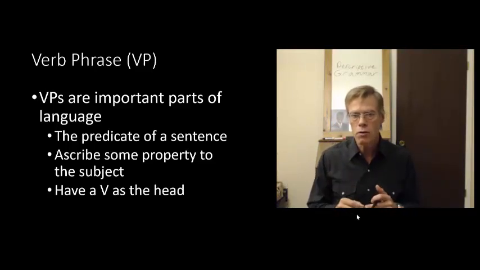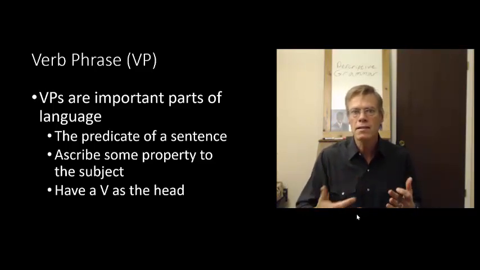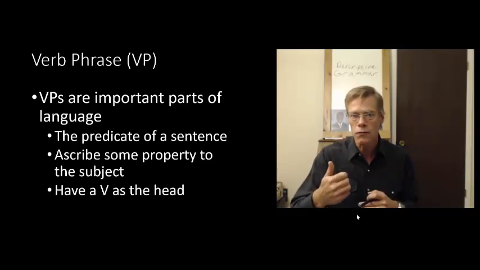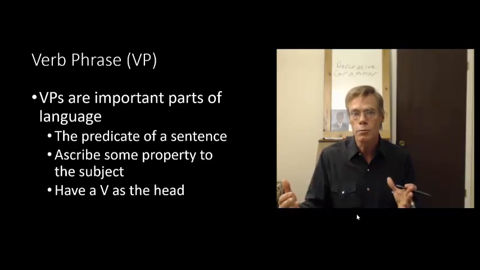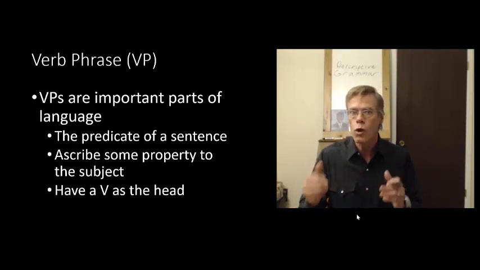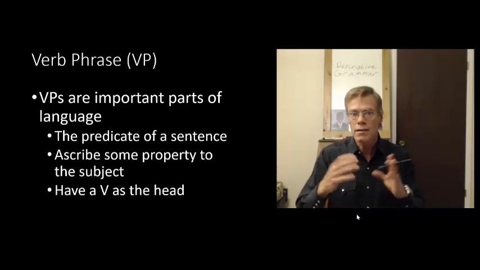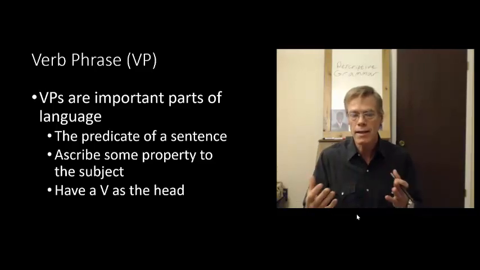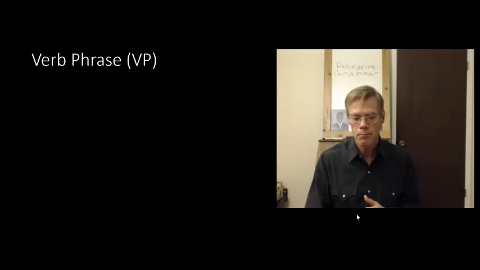The other thing we need to know about verb phrases is at their essence, at their core, there is a head verb, a single head verb. There may be more than one verb in any given verb phrase, but there's always going to be only one head verb. That's the essence of any verb phrase.